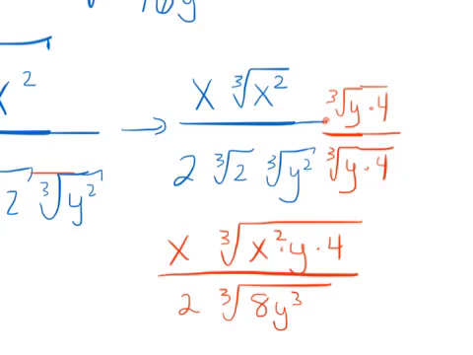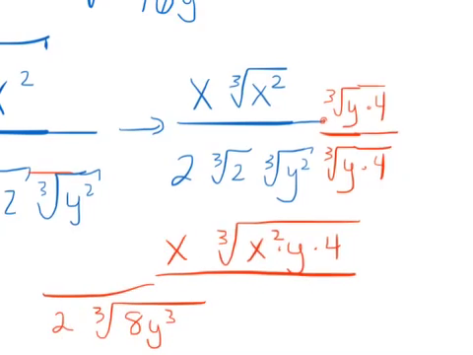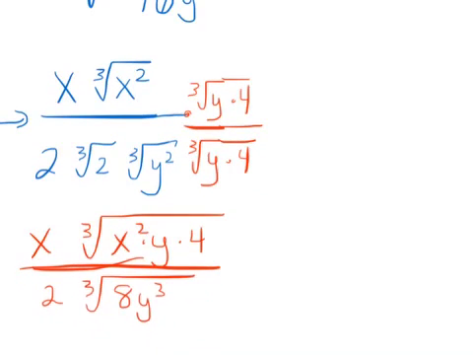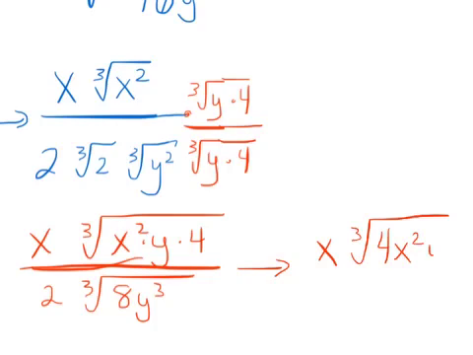And now the denominator can easily be reduced. The numerator leave alone. And I'm going to write it in standard form, which is usually a numerical value, then the higher exponent, and then the lower exponent. Everybody see that? I put the 4 in the front there.